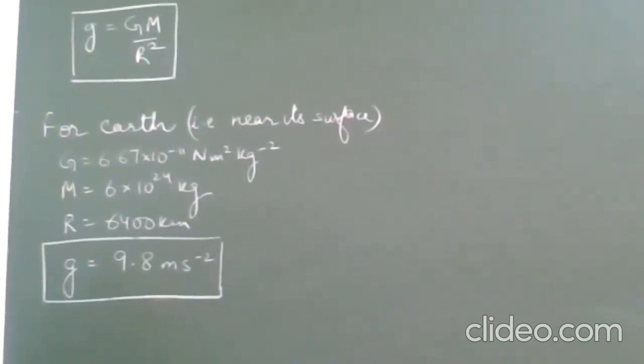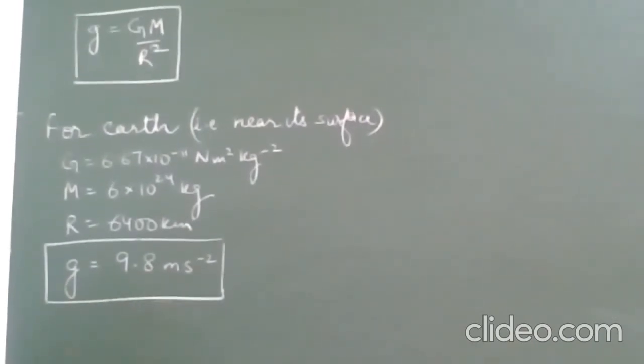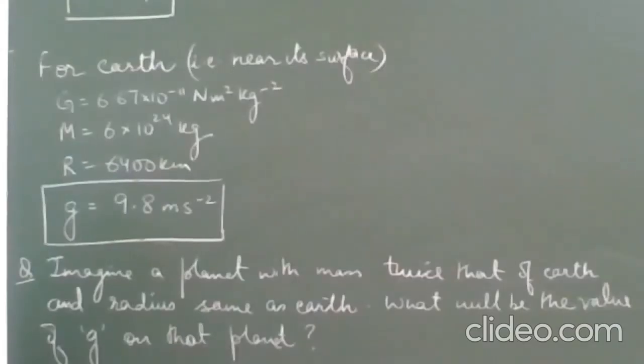So the value near the surface of the Earth we have calculated as 9.8 meter per second square. The question is: imagine a planet with mass twice that of Earth and the radius the same as that of Earth. You have to find the value of small g on that planet. No other data is given to you.